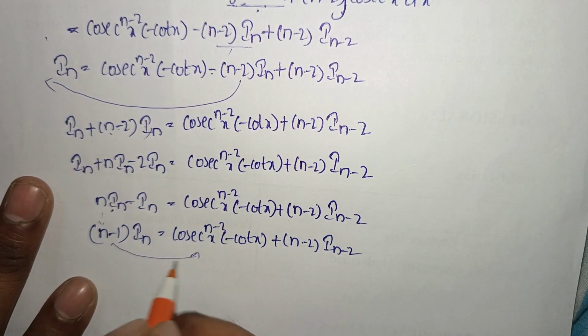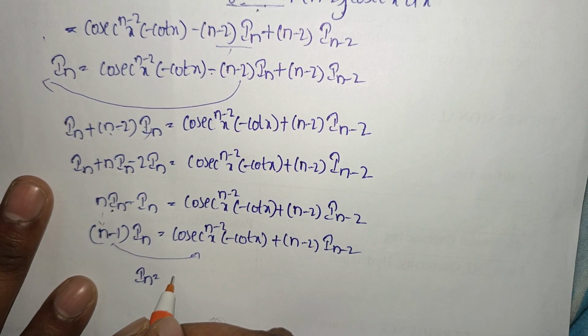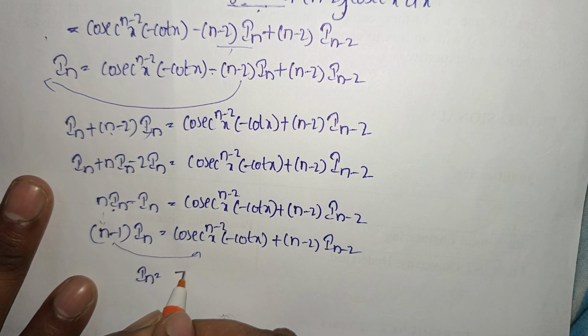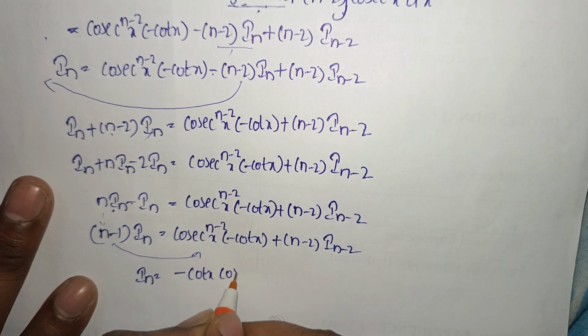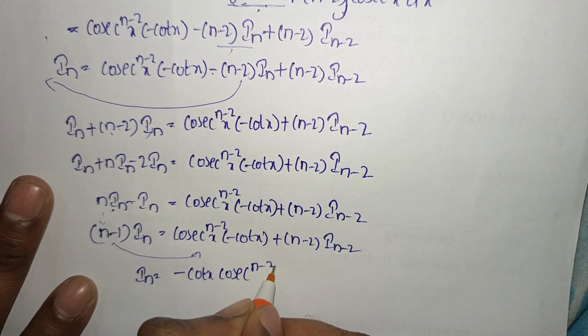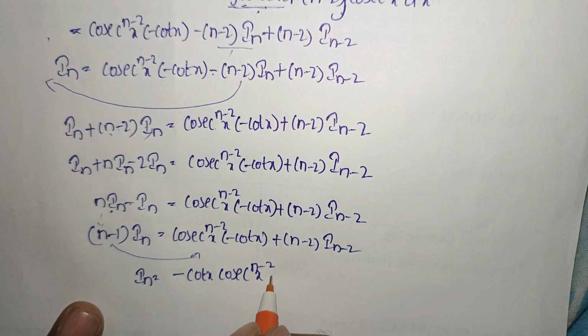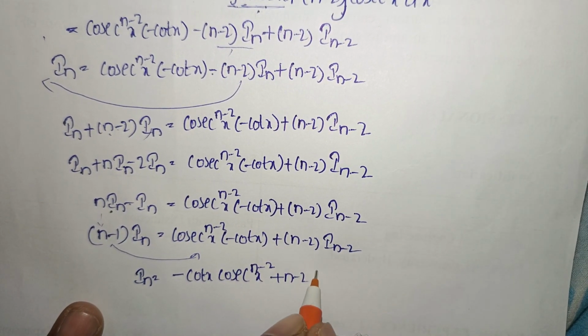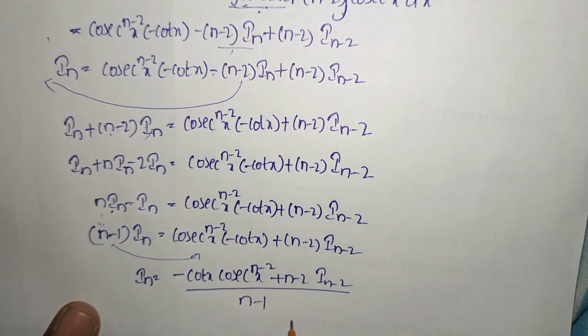Taking this to the right hand side, it becomes the denominator: I_n is equal to minus cot x cosecant to the power of n minus 2 x plus (n minus 2) I_{n-2}, by n minus 1.